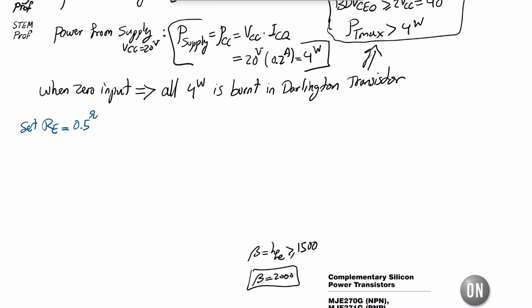It can be 1 ohm, it doesn't matter. So as an example, let's say 0.5 ohm. And then the DC voltage across RE is ICQ, the DC current of the Darlington transistor, times RE. So in this case it will be 0.2 amp times 0.5 ohm, which is simply 0.1 volt.